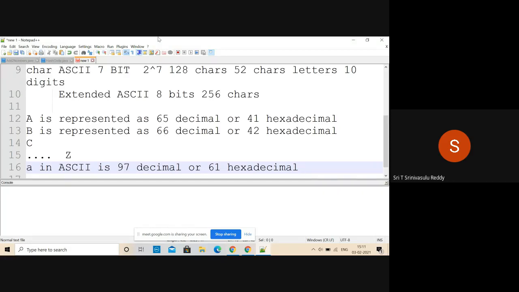If one asks, is small a greater than capital A, it is nothing but asking whether 97 is greater than 65. Naturally 97 is greater than 65, so small a is greater than capital A.